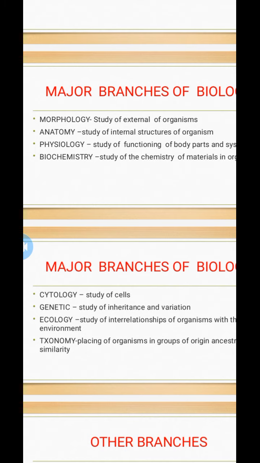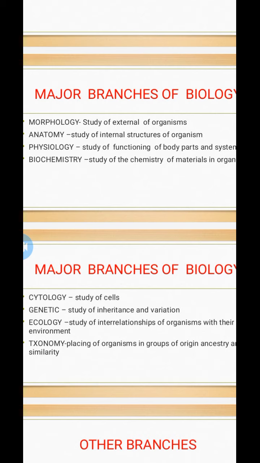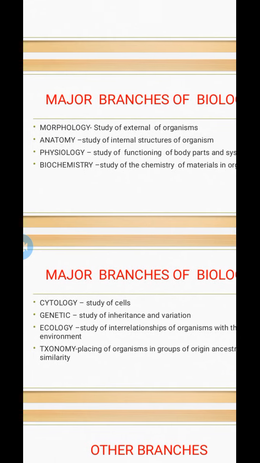Then we have another branch which is called physiology. Physiology is the study of functioning of the body parts and the systems. So, for example, how does the reproductive system work? How does the endocrine system work? What about the nervous system, the brain and the spinal cord and the nerves? How do they operate? This is more prominent when you do a medical course.